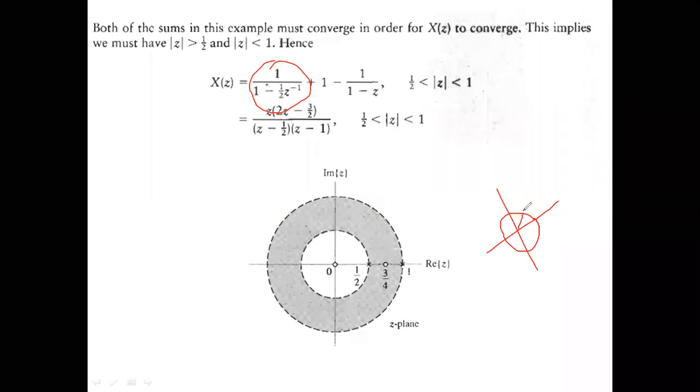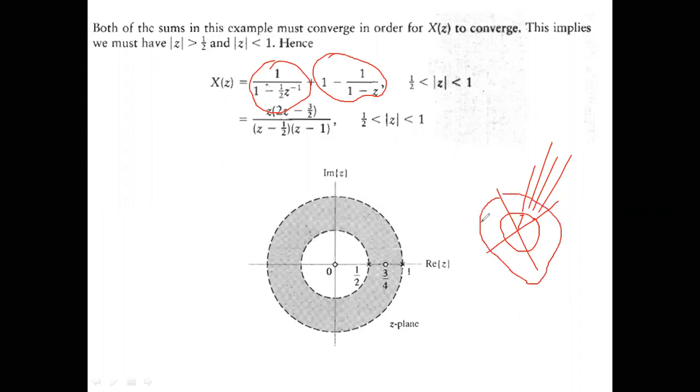And for the second signal, this term turns out to be z divided by z minus alpha only. But since it is a left sided signal, the ROC is going to be inside the circle of radius 1.